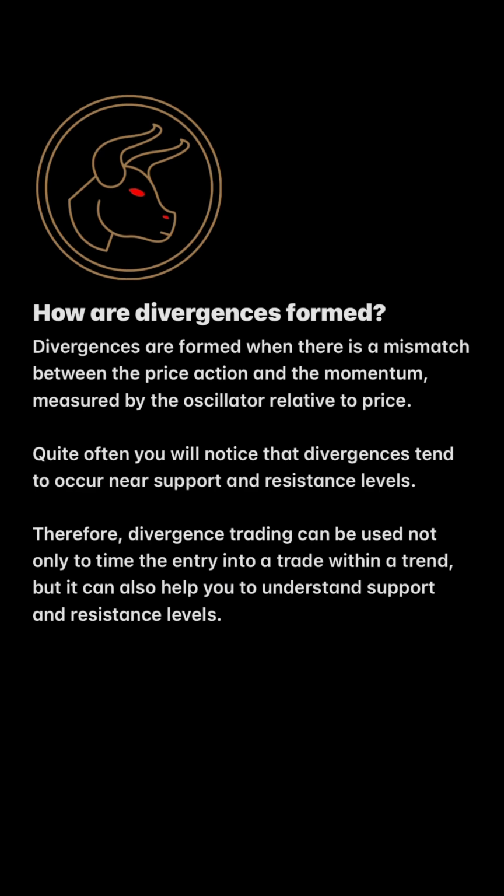Now, let's talk a little bit about how divergences are formed. These are formed when there's a mismatch between the price action and the momentum measured by the oscillator relative to the price. Quite often, you will notice that divergences tend to occur near support and resistance levels. Therefore, divergence trading can be used not only to time the entry into a trade with a trend, but it can also help you understand support and resistance levels.